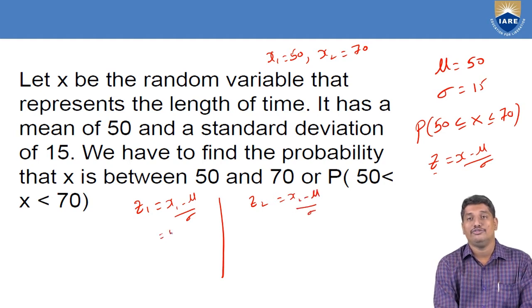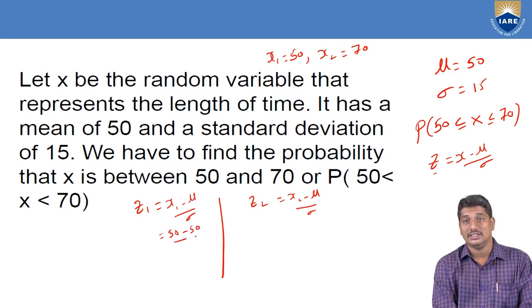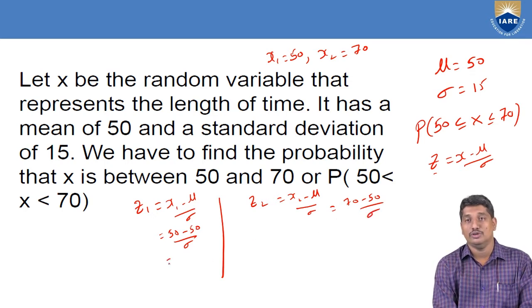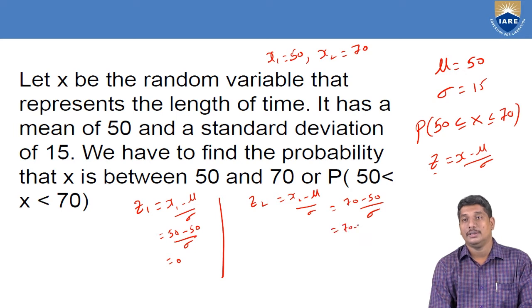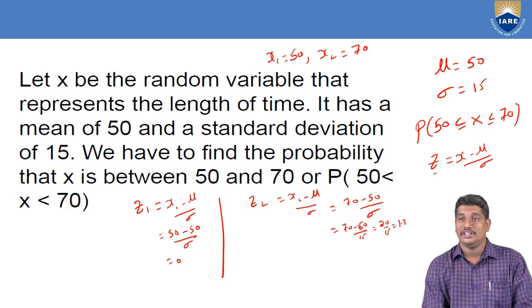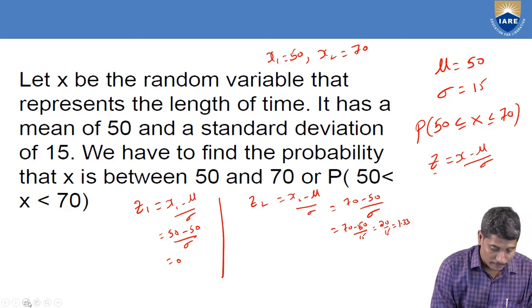So this is equal to (50 minus 50) by sigma, and this is equal to (70 minus 50) by sigma. 50 minus 50 means 0. 70 minus 50 by 15, that is 20 by 15, that is 4 by 3, that is 1.33. So Z2 is 1.33. After doing these calculations, we are moving ahead to find the probability.